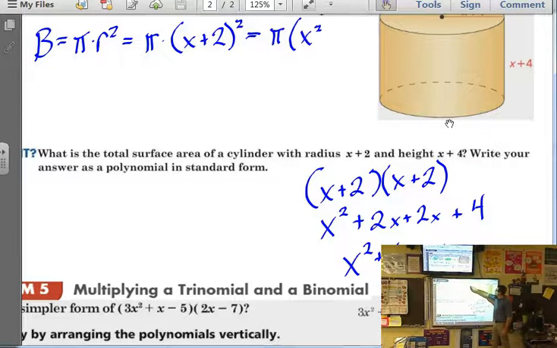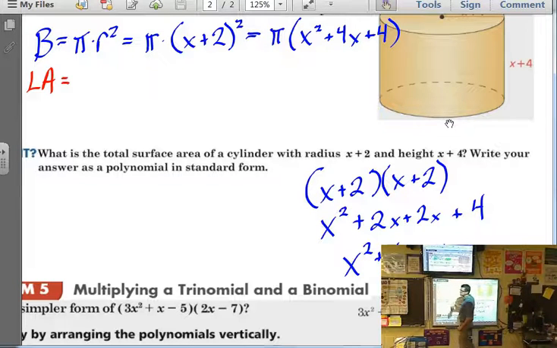Ethan, are you with me now on that middle part that you had been missing? I'll come back to that to double it for 2 times the big B. But Max, when I start looking at the lateral area, what do I need to do there? 2 pi times x plus 2 times x plus 4.